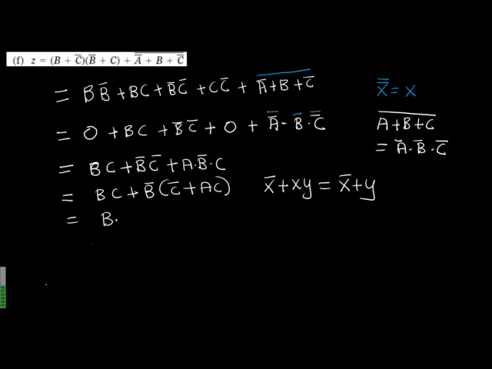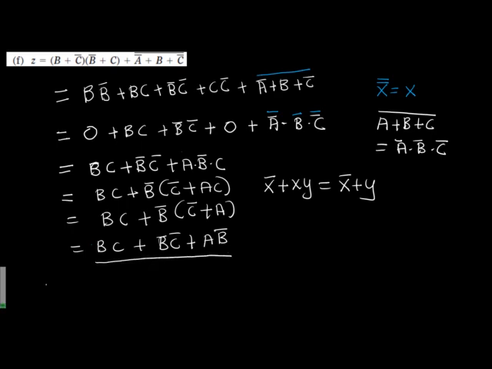Now I have BC or with B bar, and using the theorem I have C bar or with A, and this has to be opened up. B bar, C bar, or with A, B bar. So this will be the final answer.